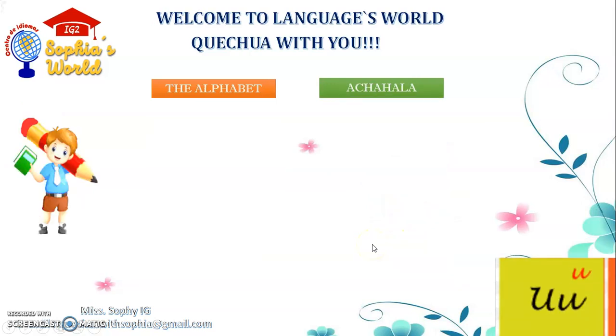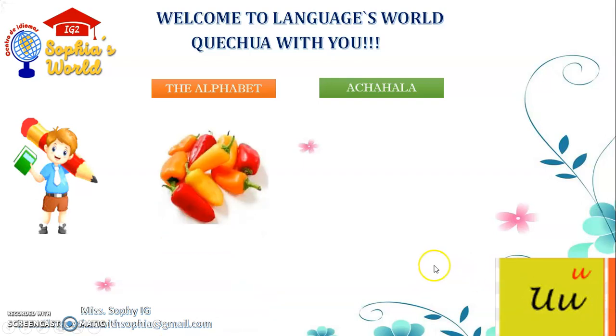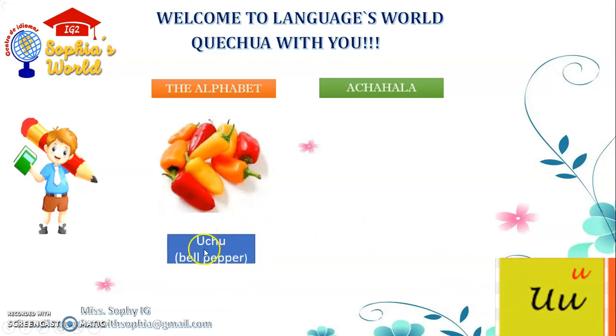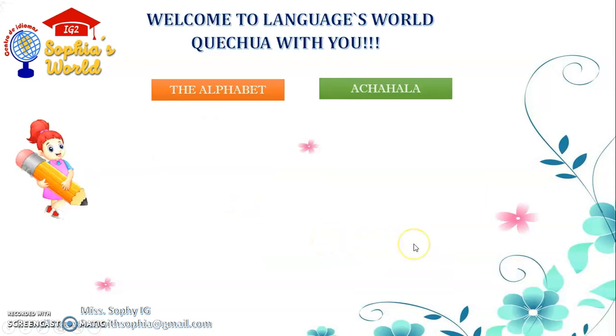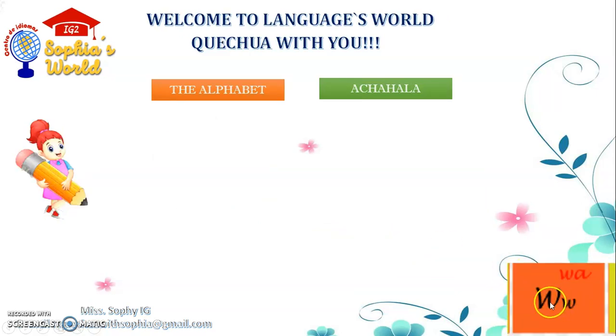That's it. The next one is U. Vocabulary, Uchu. And for the other one, Utulo. The next letter, Wa.